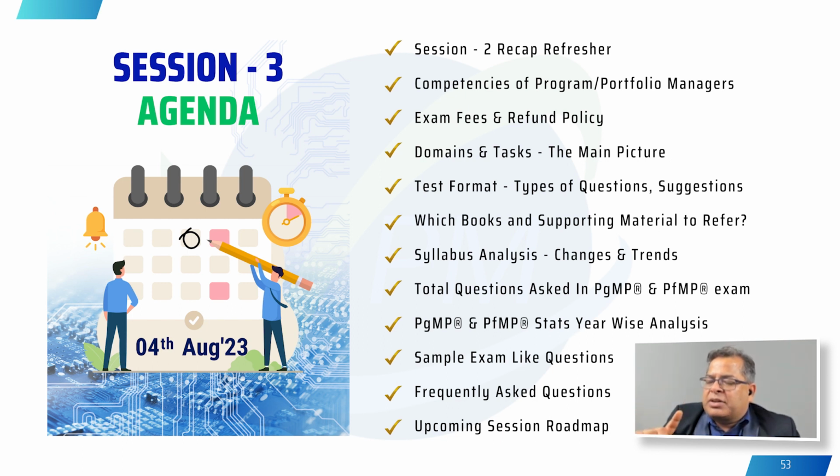PgMP is fourth edition. The fifth edition draft was under review. As per my understanding, the fifth edition is likely to be released somewhere in October, November, depending on how they go. And the exam is likely to change somewhere in May, June next year. We'll know more as we come to know.